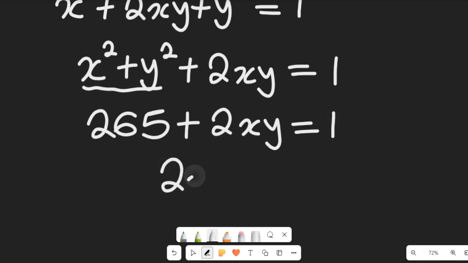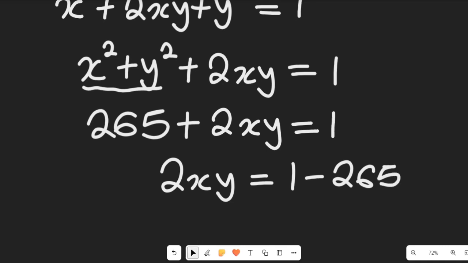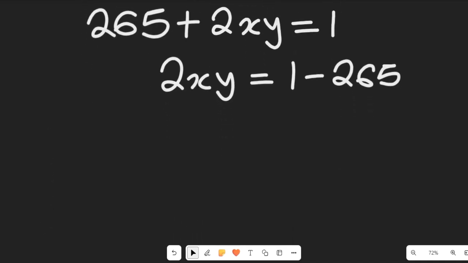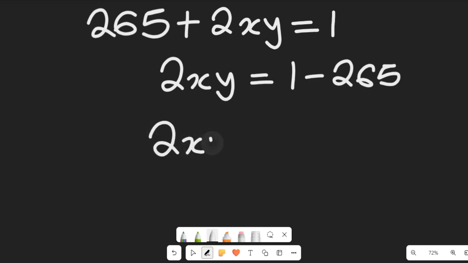So 2xy will be equal to 1 minus 265, and that will give us 2xy equal to negative 264.